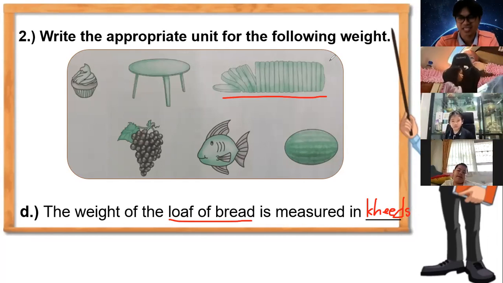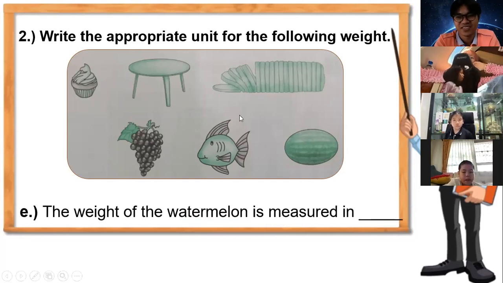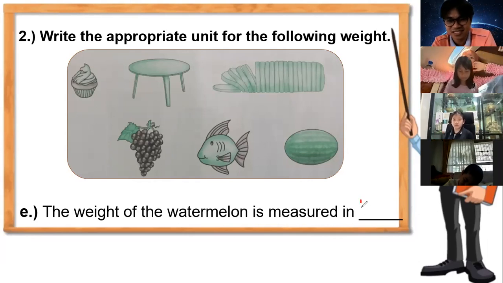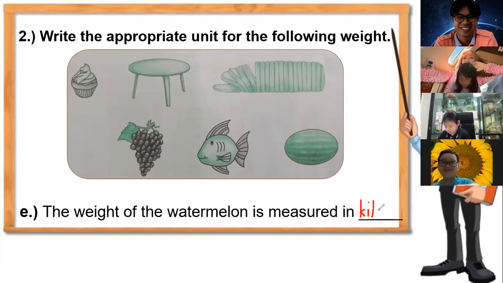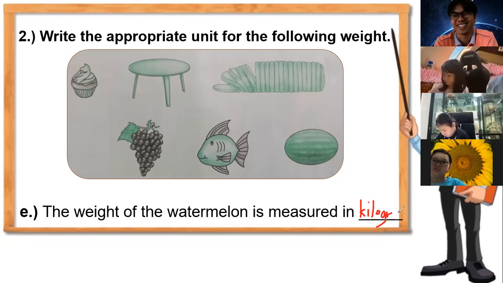Letter E. The watermelon. What do you think? Kilograms. Do you like to eat watermelon? A little bit. How about durian? Yes, I love durian. Maybe some of you like to eat durian and some don't, and me too, I don't like it.